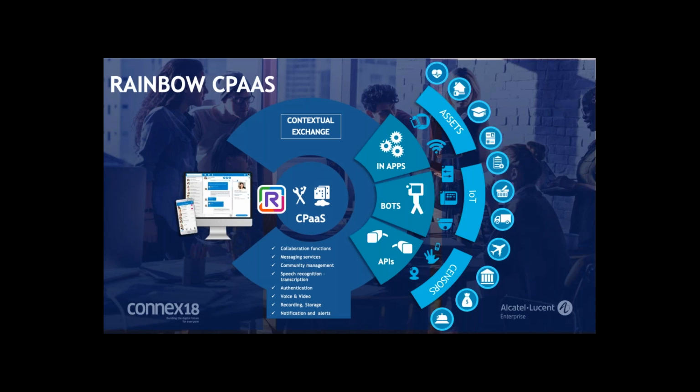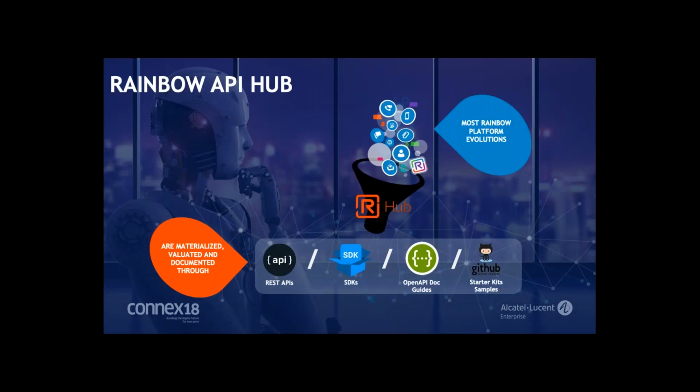And to understand the Rainbow API Hub, you need to see it as the central point of our CPaaS offer. It is more than a website. It is a place where you will find all the information you need to succeed with Rainbow. It is a visible part of the Rainbow platform.